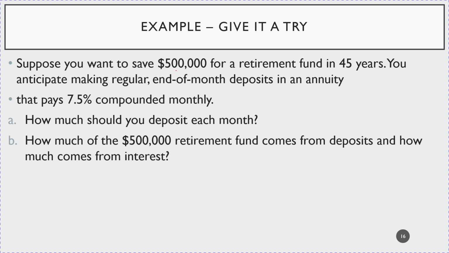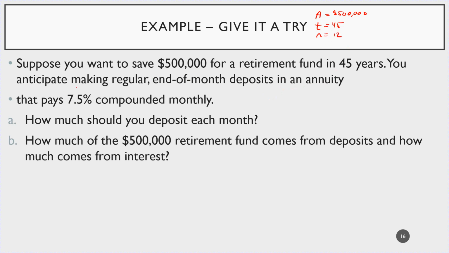So here's what you want to do. You want to save, that's your A. You want to save a total of $500,000 for a retirement fund in 45 years. So you're given T is equal to 45. You anticipate making regular end-of-month deposits in an annuity, and you're going to do 12 times a year.